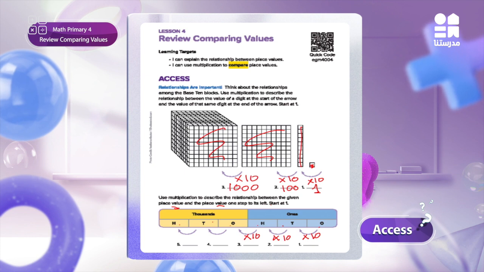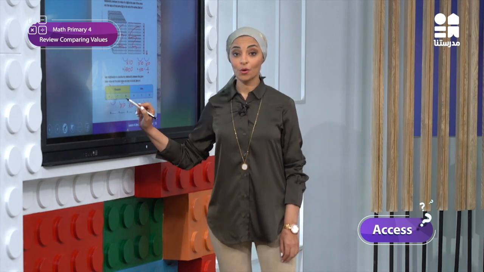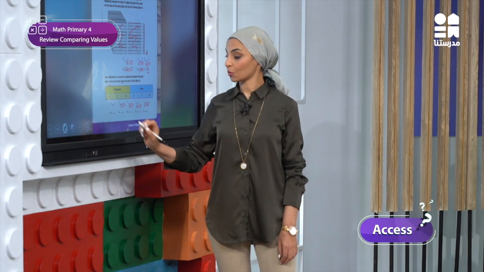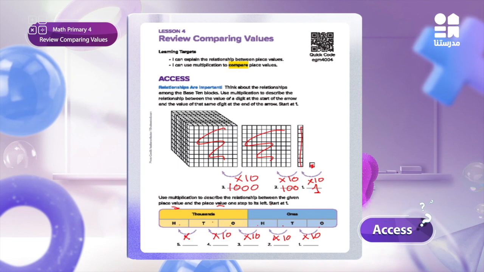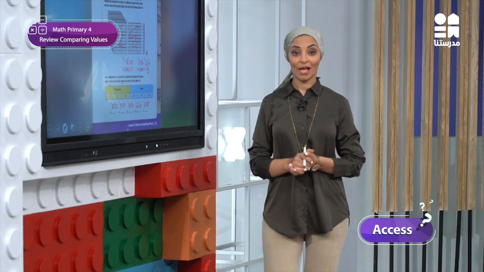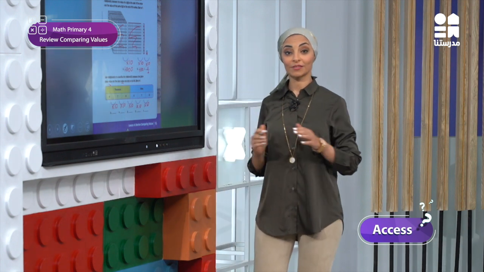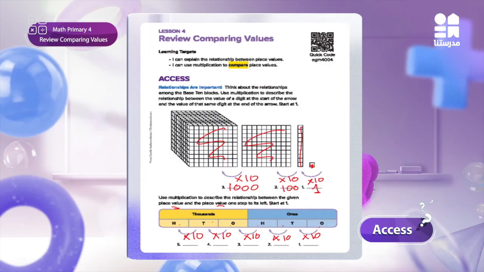I will multiply by 10, as you see here. Last thing, to move from the 10,000 to the 100,000, what should I do? I will multiply by 10, or the number will be increasing by 10. Have you noticed here the pattern repeated? Yes, here each time we move to the left, we multiply by 10.